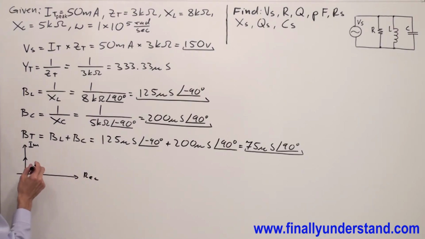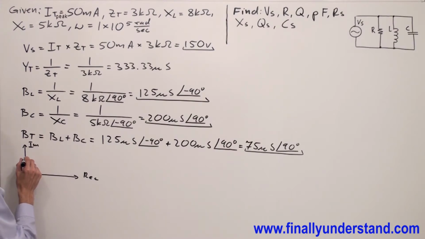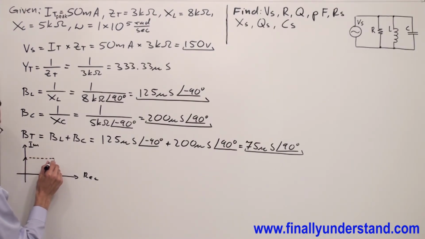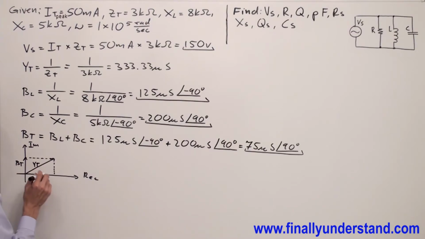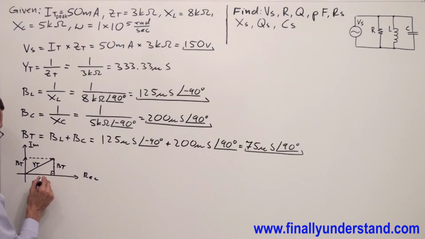Okay, and we found also the total admittance. So this is Y total and this is B total. Okay, so this side of my right triangle is equal to B total, and this is G, my conductance, which I'm looking for, right?